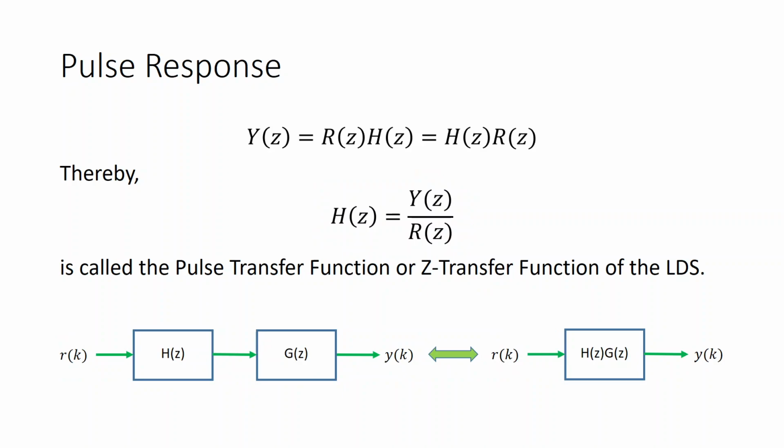Another idea is that R(z) and H(z), this multiplication is commutative in nature. Hence if you pass through two systems, two LDS, having their pulse transfer functions H(z) and G(z), then you can combine these systems into one system which has a Z transfer function H(z)G(z).